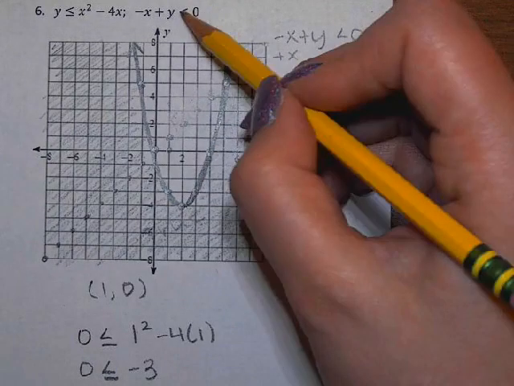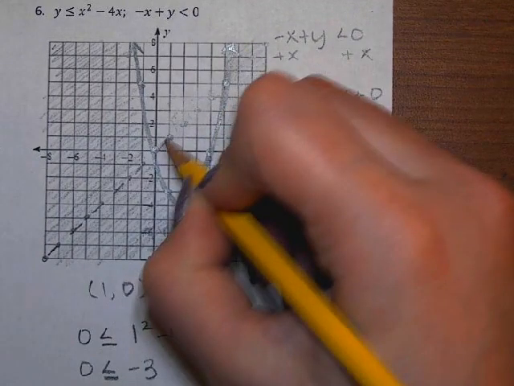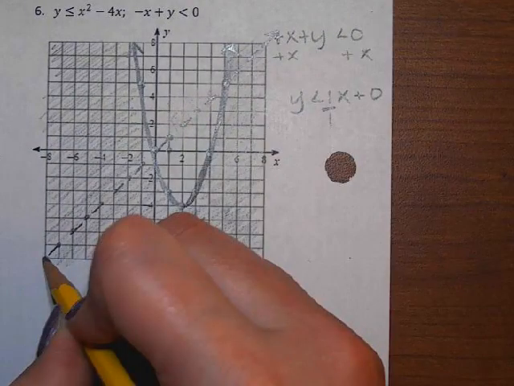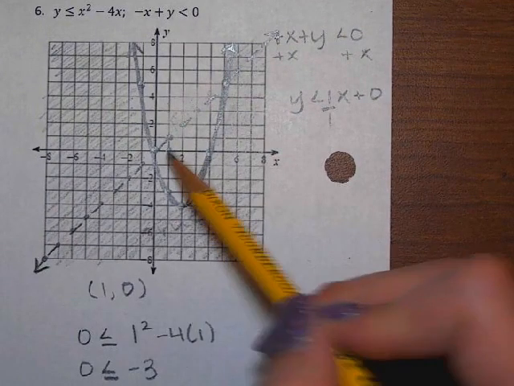Dotted because it's a less than sign. And we can't use 0, 0. We could use 1, 0 again.